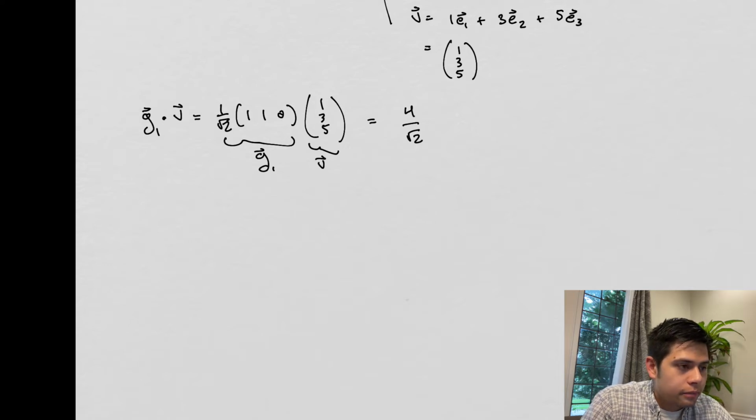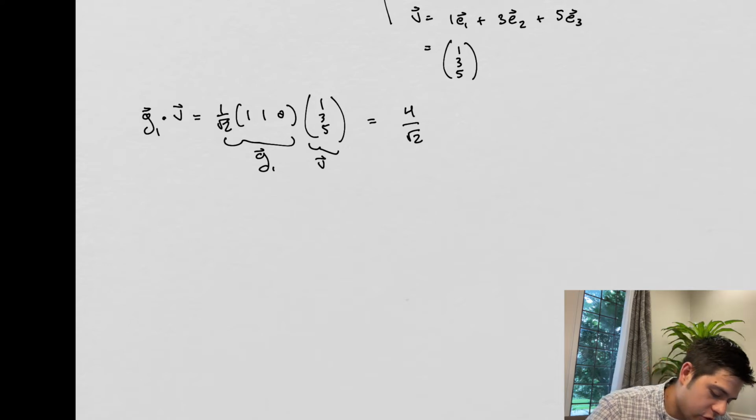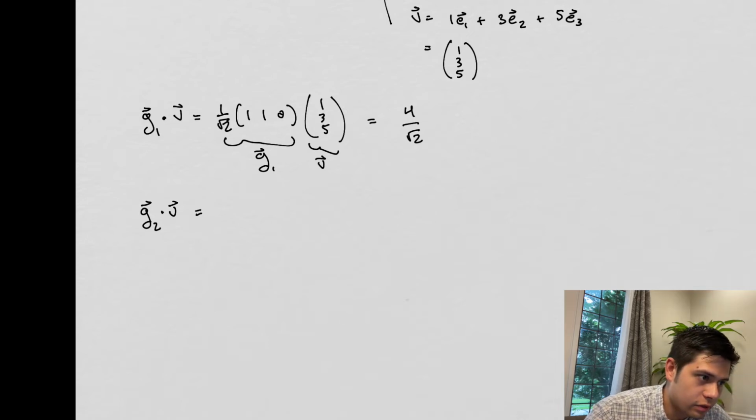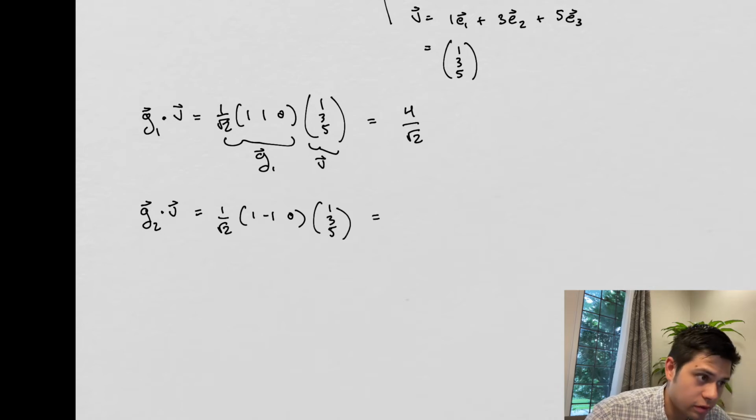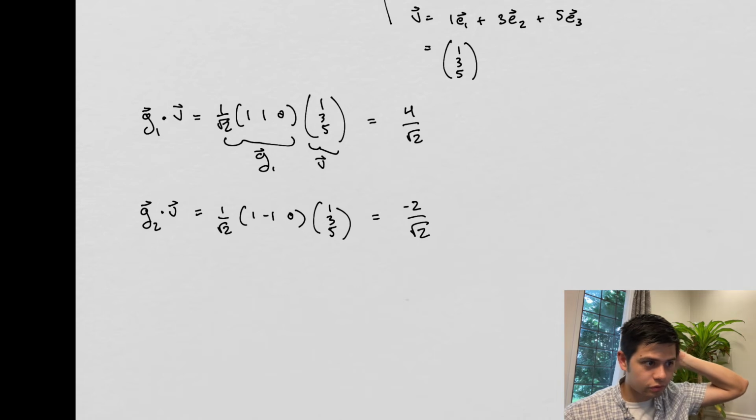We can do the same thing for G2. G2 dotted with V. Well, that is going to be 1 over root 2 times 1, negative 1, 0, times 1, 3, and 5. And that is going to be negative 2 over root 2, like so.